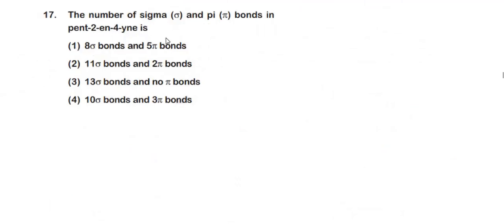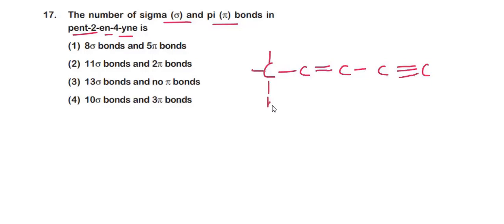Now the next question is, the number of sigma and pi bonds in pent-2-ene-4-yne. Pent means it consists of 5 carbon atoms. 2-ene, on second position double bond is present. 4-yne means on fourth position triple bond is present. Complete the valency of carbon by hydrogen.